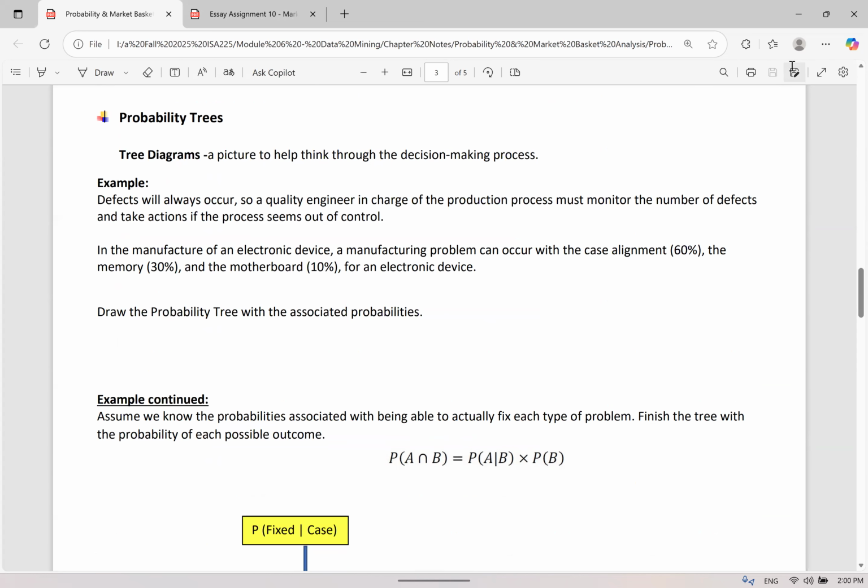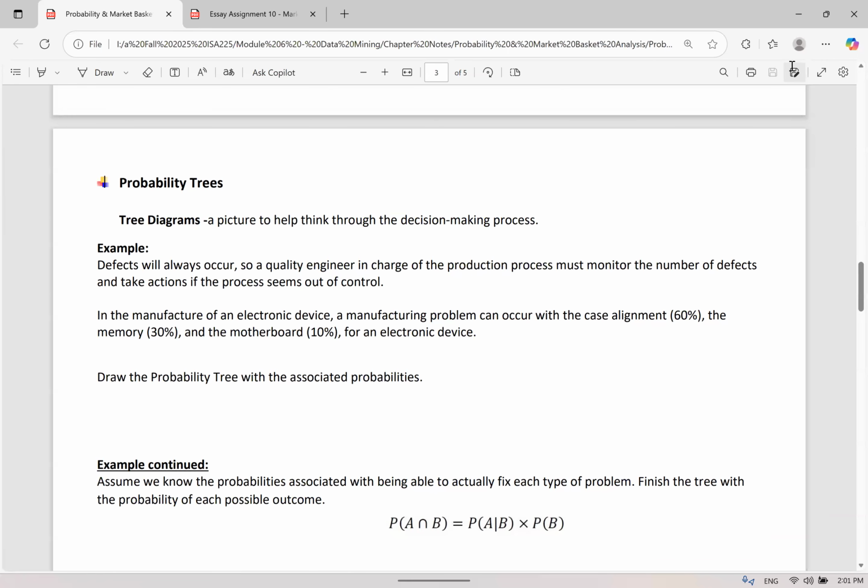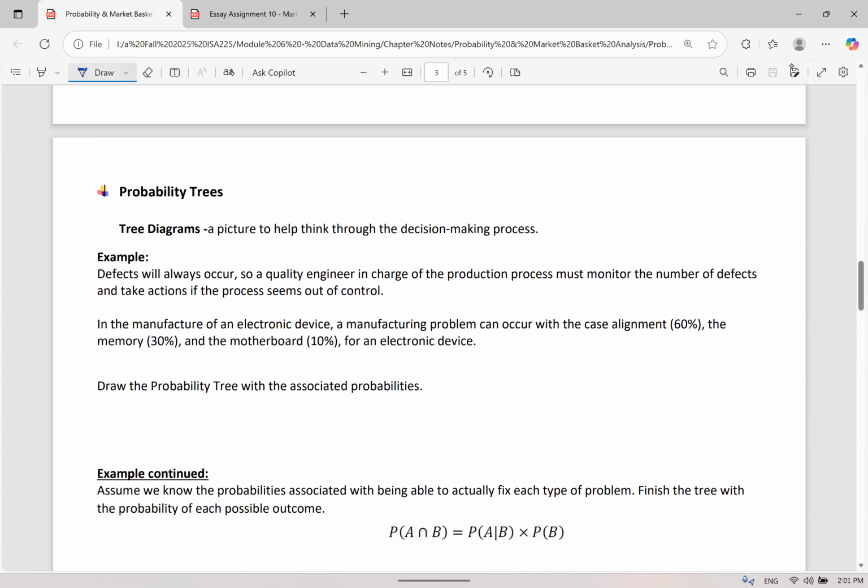The first topic is probability trees. So what is a probability tree? We talked about the decision tree: we have a root, and then we divide the root into different branches until we have some leaves.